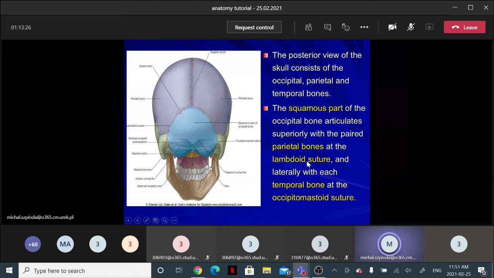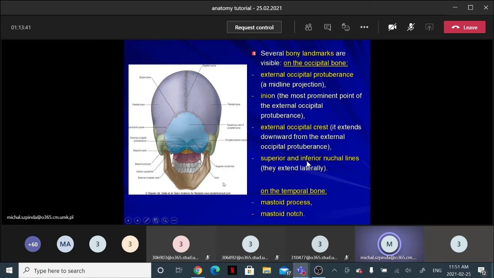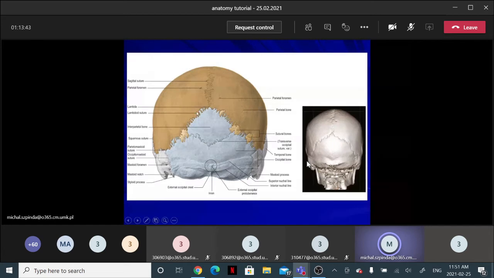And here is visible the posterior aspect of the mandible and the posterior aspect of the two alveolar processes of the maxilla. Just here you can see the interparietal bone or Goethe's bone. And the lambdoid suture is the most dentate suture in the skull.